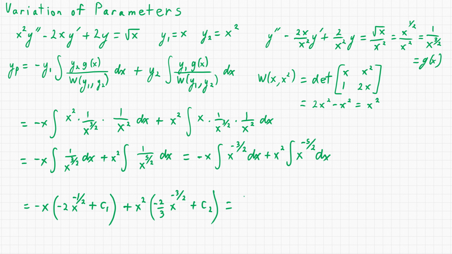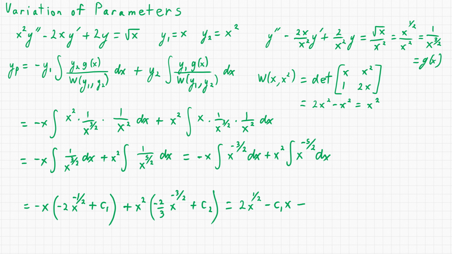And if we multiply that out, we end up with negative x times negative 2 times x to the negative 1/2. So that's going to be positive, and we have a 2 and a positive x to the 1/2. And then minus c1 times x.